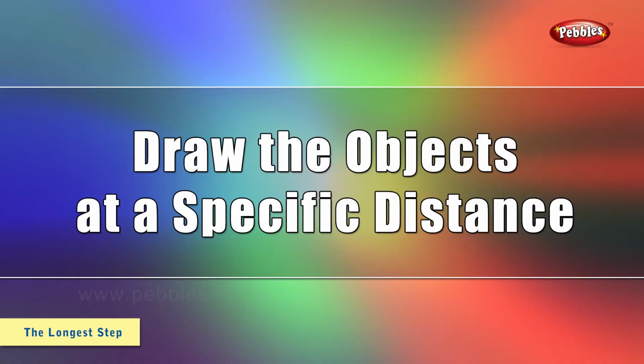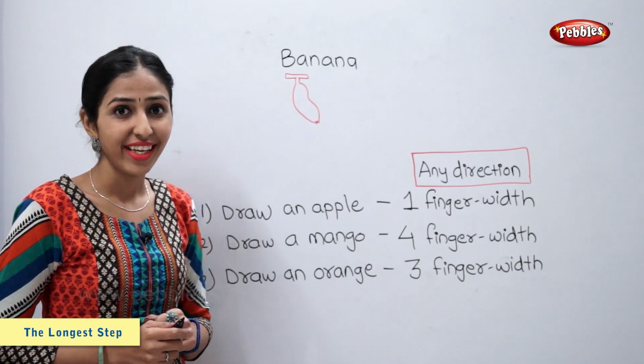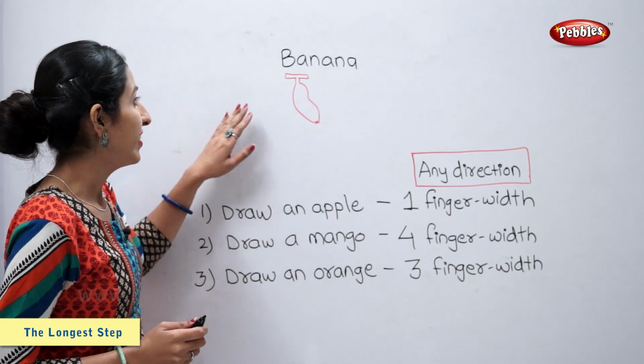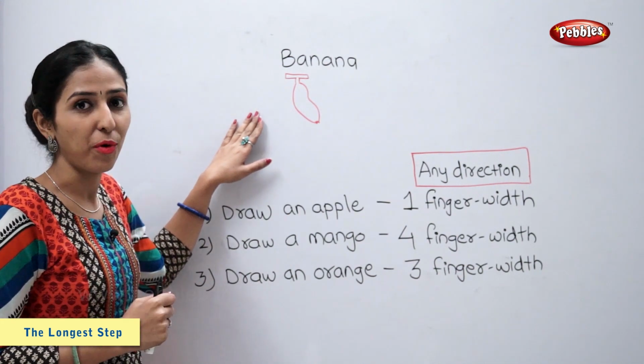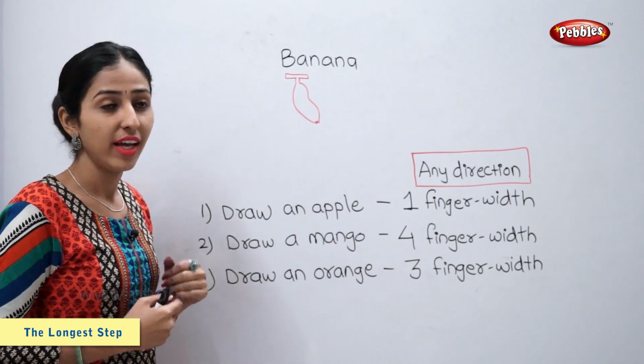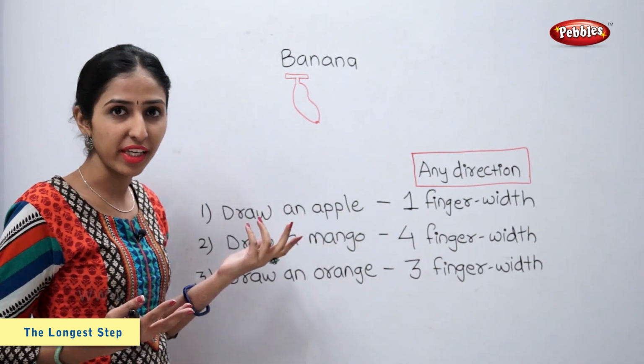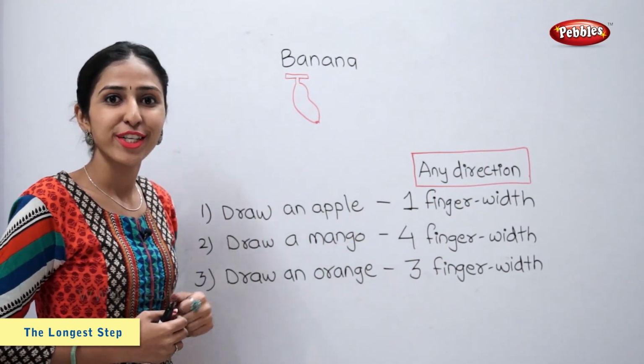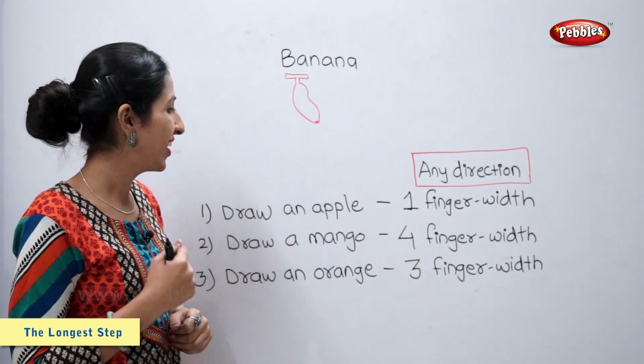Draw the objects at a specific distance. Students, as you can see, there is a banana on the board. We have to draw the following fruits in any directions using the given measurement. So, let's draw.